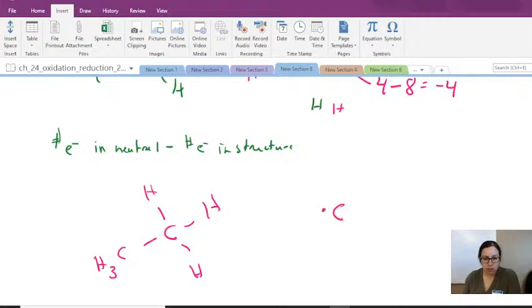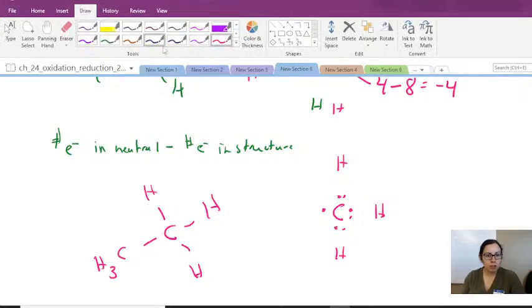If we split that up, we'd get something that looks like this. Once again, all those hydrogens are 1+.